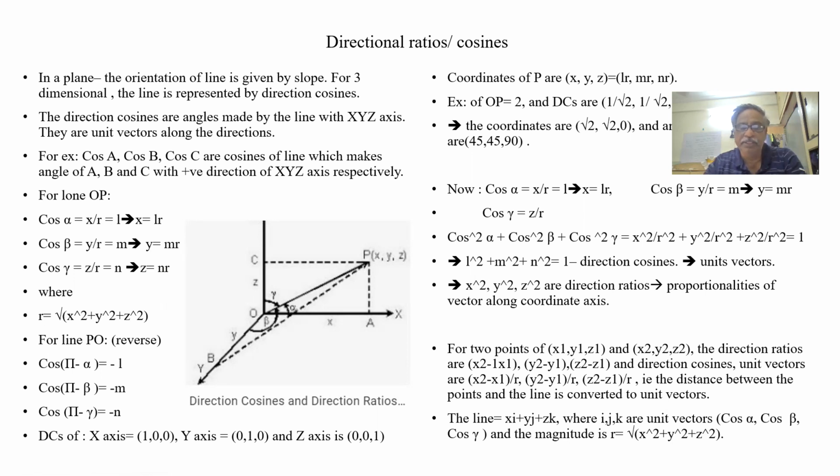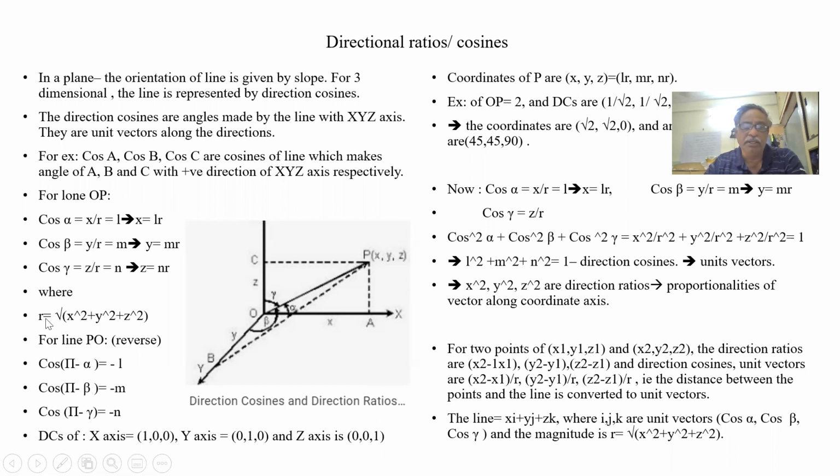This length is divided into three parts, the x part, y part, and z part. So L, M, N are the x part divided by the total length, which is cos alpha, which is L. You can put anything, I, J, K also we can write. It need not be L, M, N; it can be I, J, K.